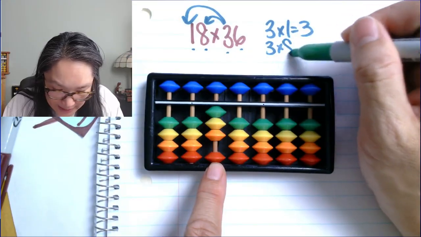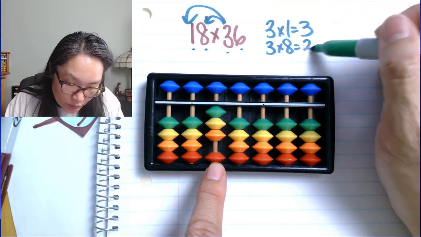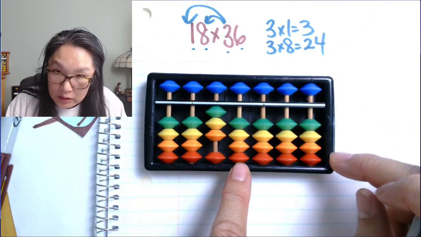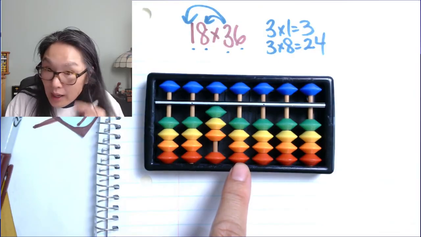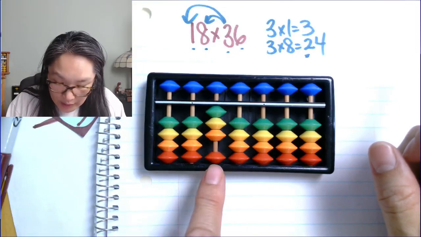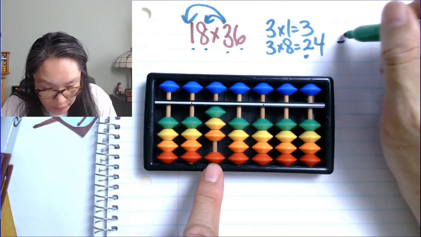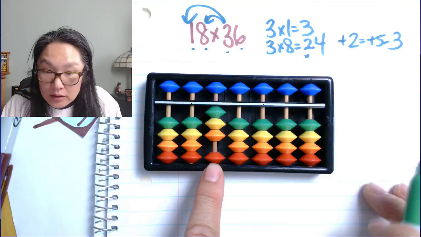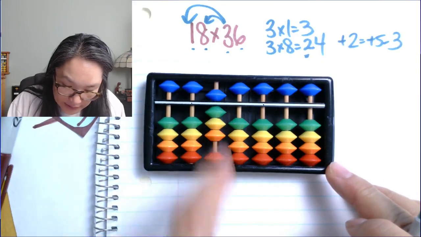3 times 8 is equal to 24. I add 2, I add 4. Okay, now this is getting a little tricky. Why? Because now we don't have enough beads to add 2. How do we add 2? We know this. Plus the 2 is equal to plus the 5 minus 3. So I plus the 5 and I take away the 3.